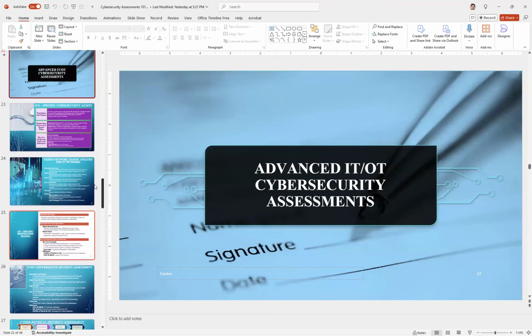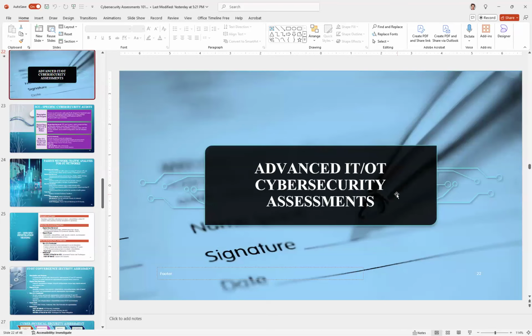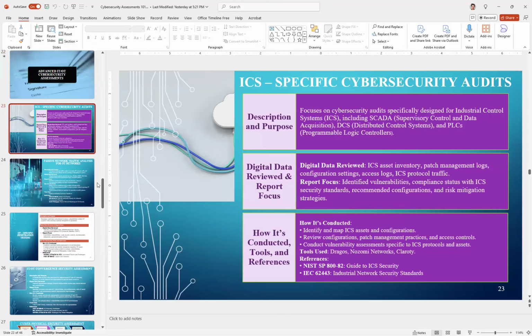Moving on into advanced IT and OT cybersecurity assessments, we have specific cybersecurity audits. This focuses on audits specifically designed for ICS. It includes SCADA, it includes DCS, and PLCs.